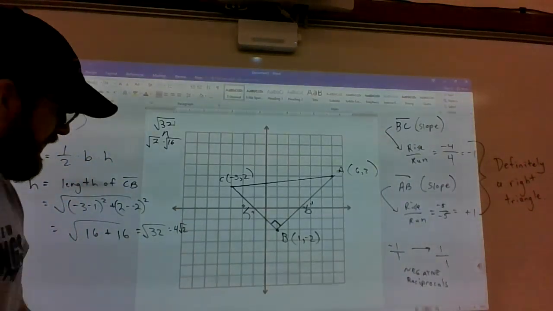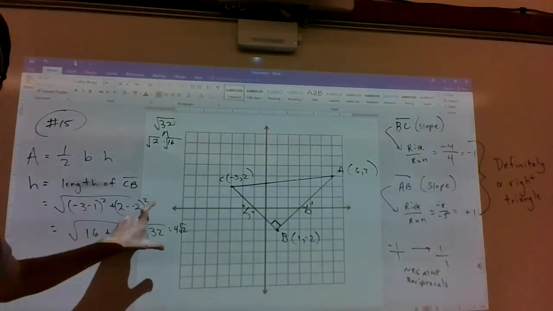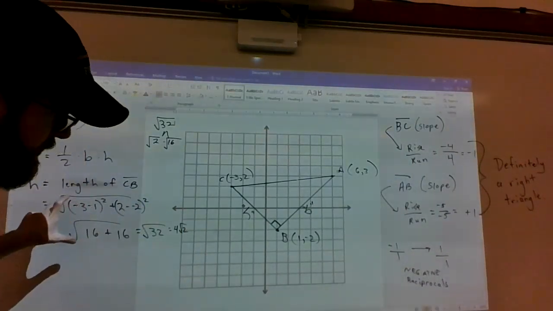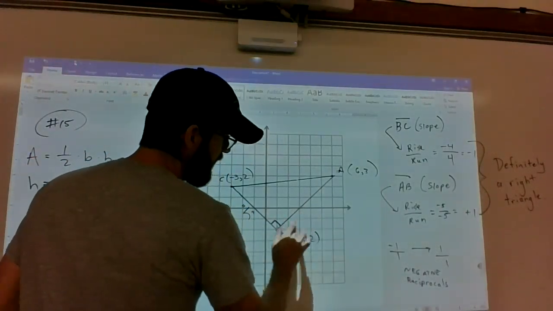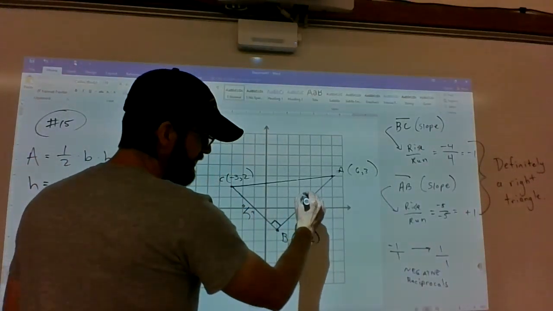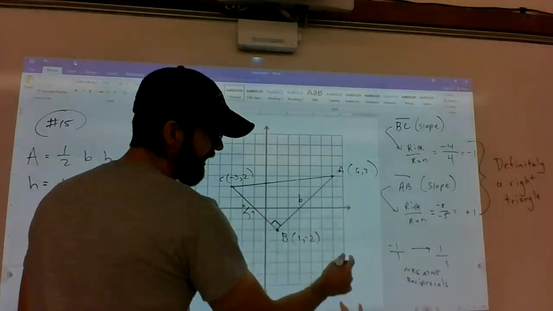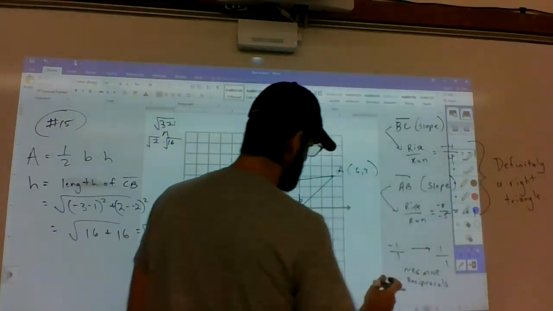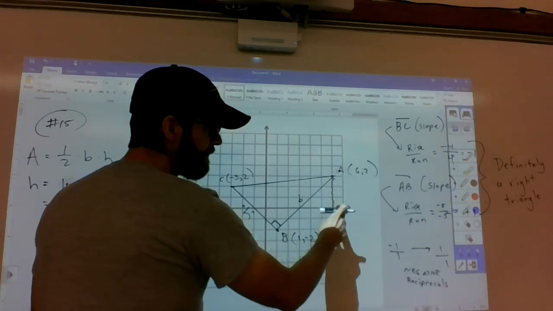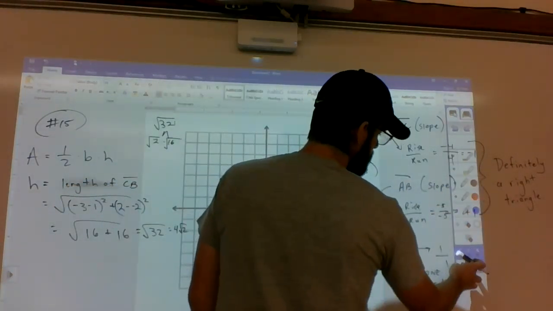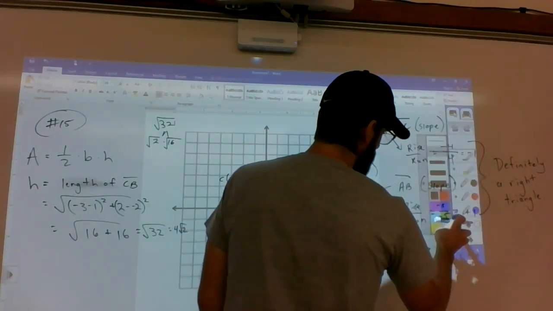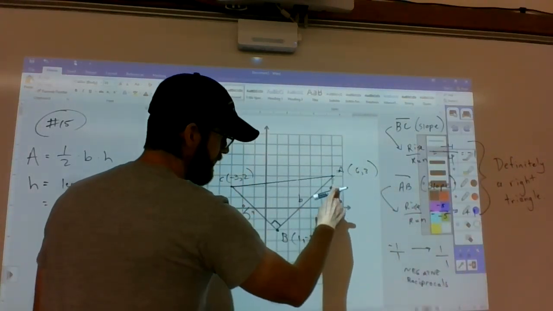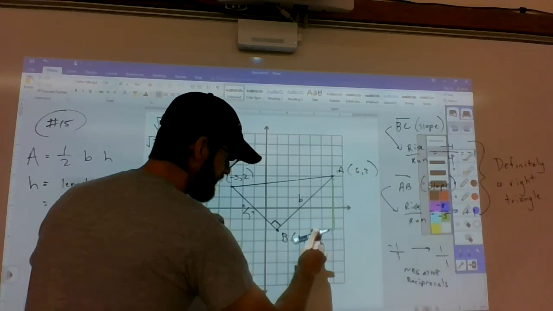If you want to avoid the distance formula entirely, you can actually do this. You can say, hey, let's call this length my b value, and then create a right triangle like this.